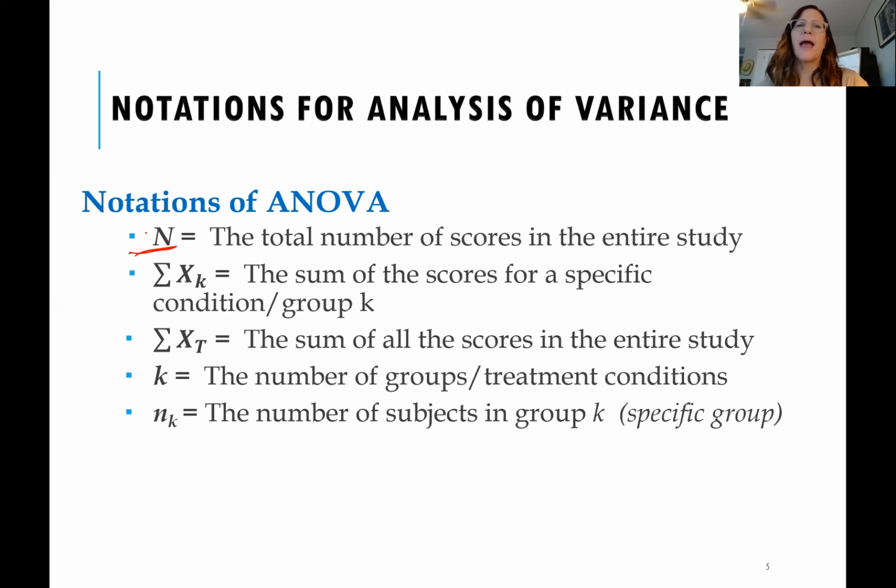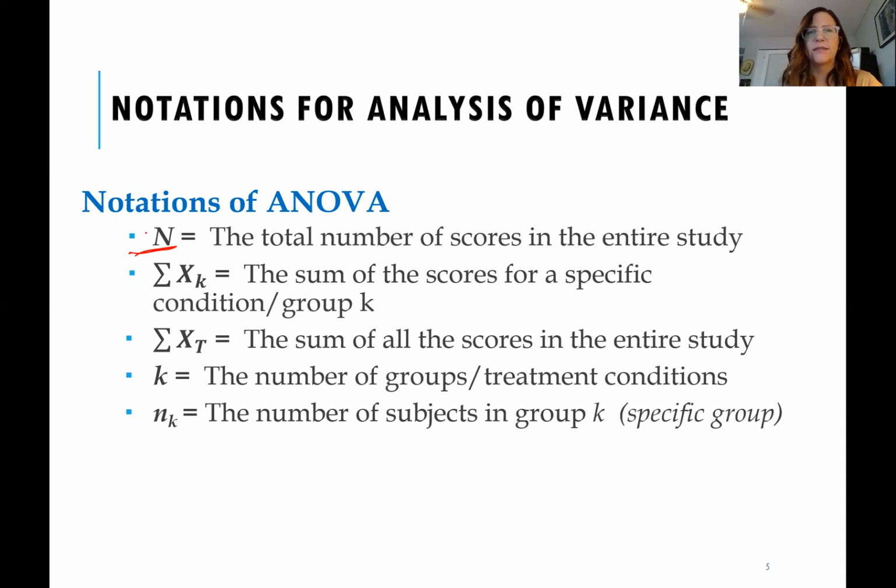But with ANOVA, capital N is actually a notation for the total number of scores in the entire study. So if I have 10 people in 3 different conditions, my capital N is 30. Because there's 10 in condition 1, 10 in condition 2, 10 in condition 3, you add that up and there's 30 participants in the entire study.